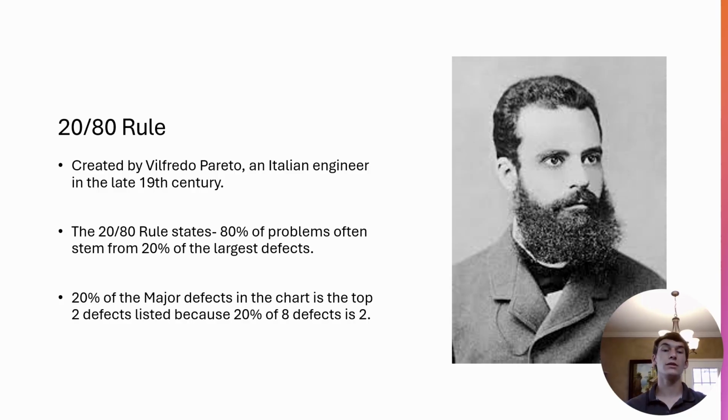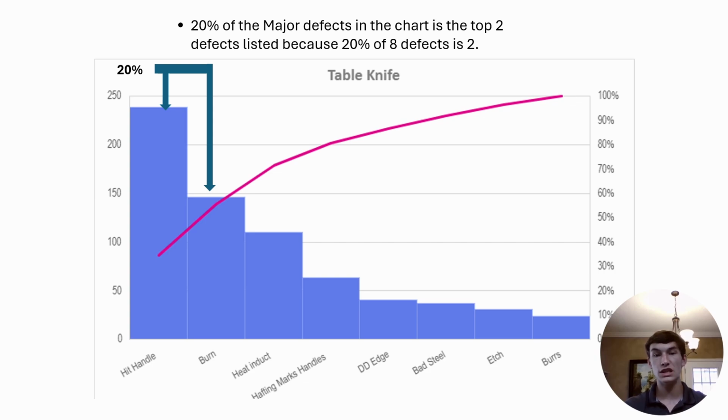So the 20-80 rule basically states that 80% of the problems often stem from 20% of the largest defects. So that is where I got that answer from. I used the 20-80 rule, and you can see 20% of 8 is 2, which I chose the 2 largest defects present. So that should be the ones that you should start with according to Pareto's principle.